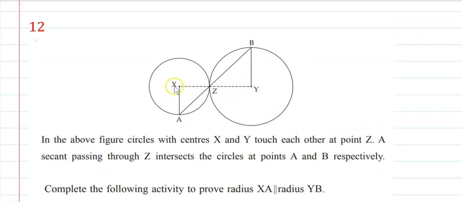Now what's happening here? XA is the radius of the circle. XZ is also a radius of the circle. Therefore, triangle AXZ is an isosceles triangle. Therefore, their base angles are equal. Now the next, this is the AB and XY. They intersect at the point Z. Therefore, these are vertically opposite angles.